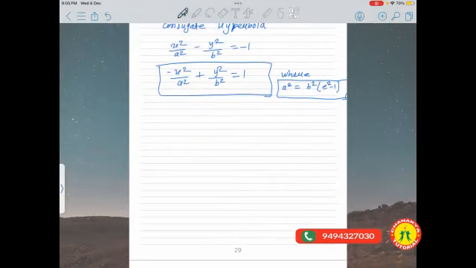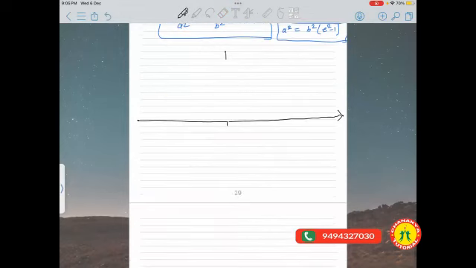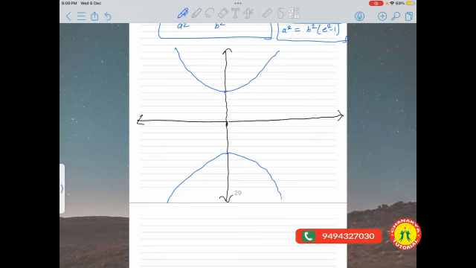So this will be the conjugate hyperbola diagram.